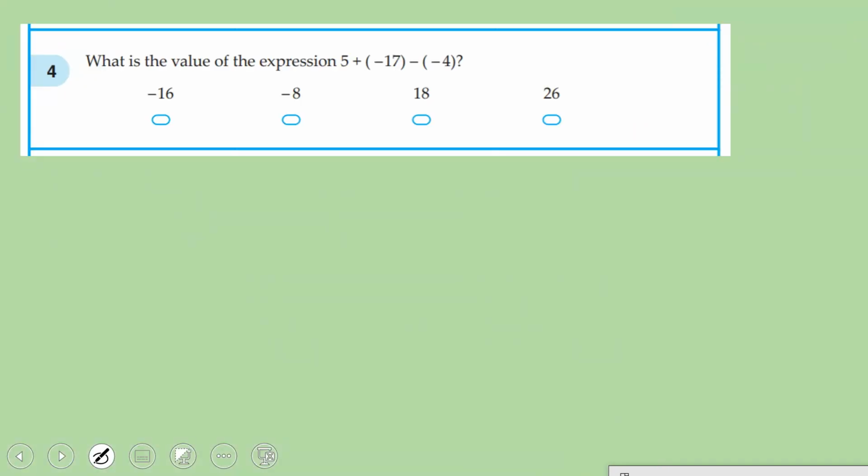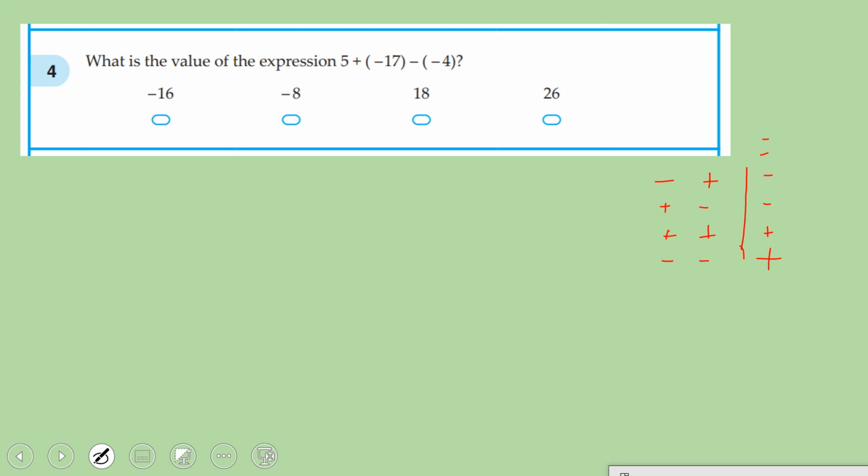What is the value of the expression 5 plus minus 17 minus minus 4? Hopefully we know the pattern. If we get a minus and a plus, that will equal minus. It doesn't matter which order it's in. If you've got 2 pluses, obviously that will equal a plus. If you've got 2 minuses, try and think of it that those 2 lines will end up making a positive.